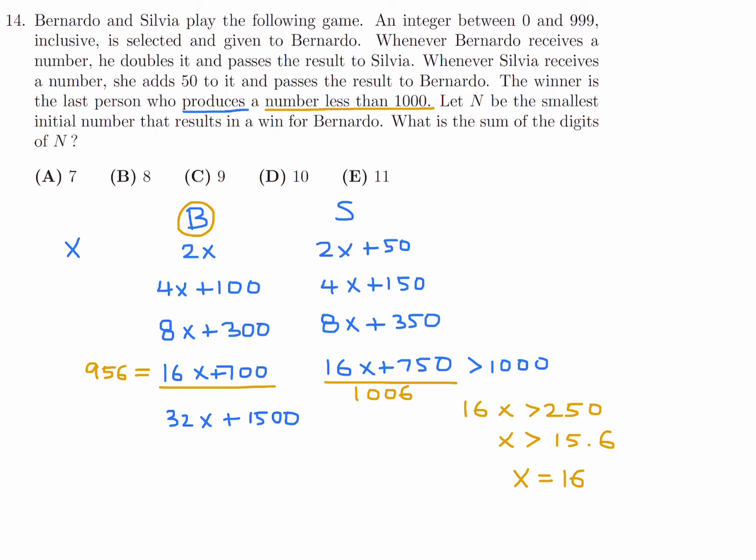Bernardo wins because his number is less than 1,000. So 16 is the smallest initial number such that Bernardo wins. And they want you to find the sum of the digits of that number. Well, the sum of the digits of 16 are 1 plus 6, which is 7. So number 14, the answer is 7.